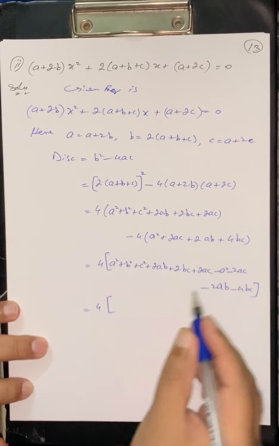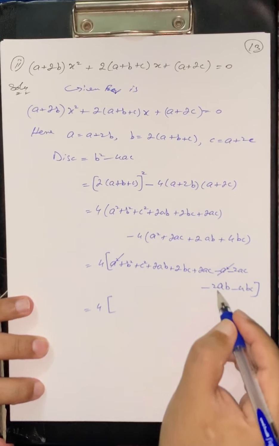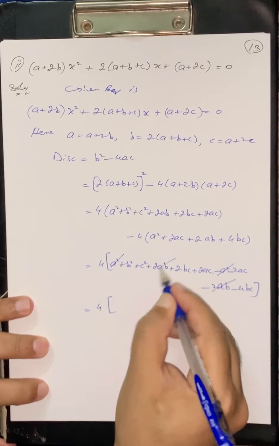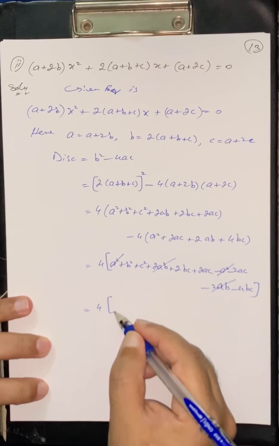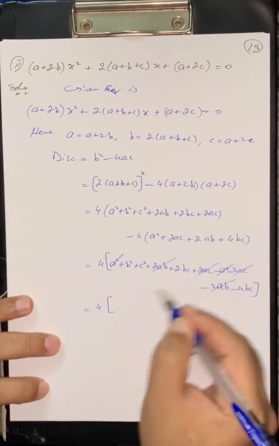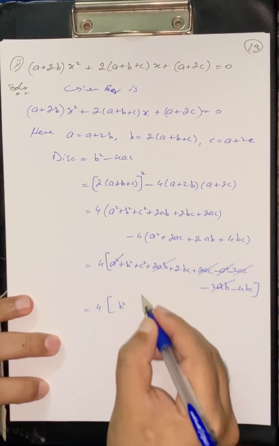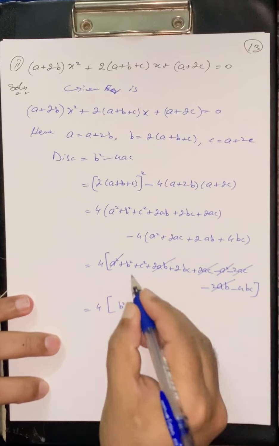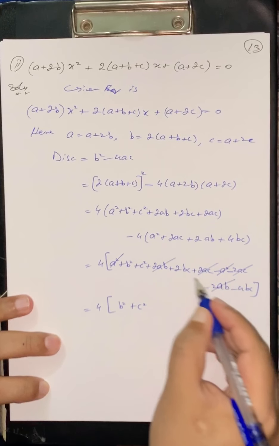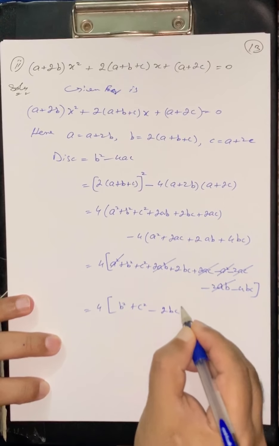4 in square bracket, minus a square plus a square cancel. Minus 2ab plus 2ab cancel. Now after that minus 2ac plus 2ac cancel. B square plus c square minus 4bc plus 2bc minus 2bc left behind.